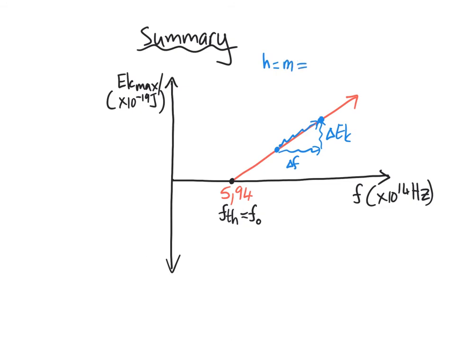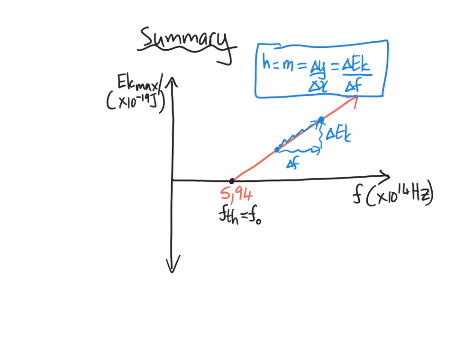Don't get that mixed up with the m for mass. And that would be change in y over change in x. And in the context of this graph, the change in y, or the change in the dependent variable, is the change in kinetic energy. And the change in the independent variable is the change in frequency. And this would give us Planck's constant.